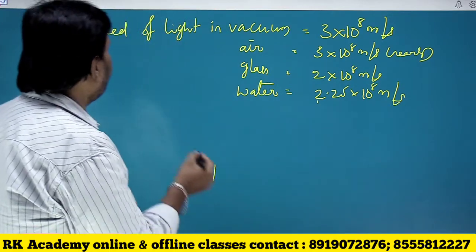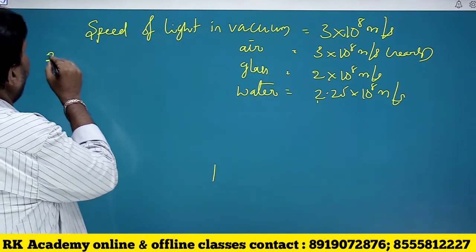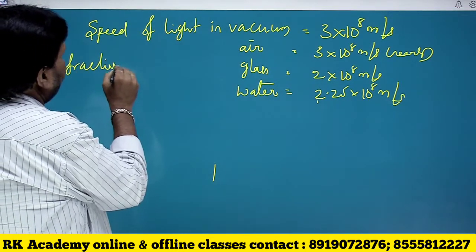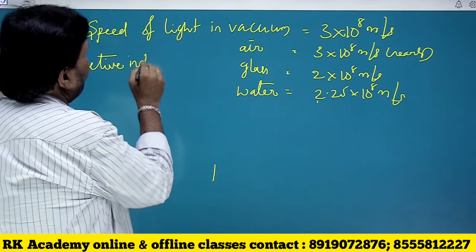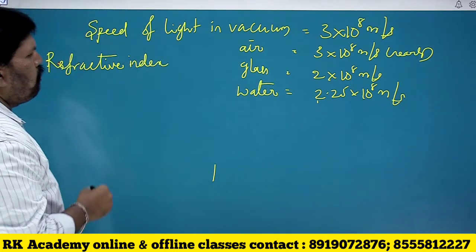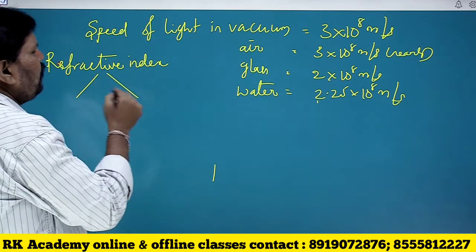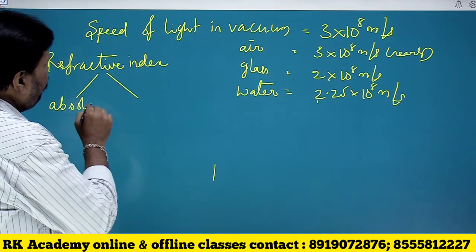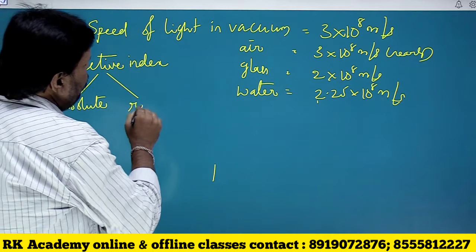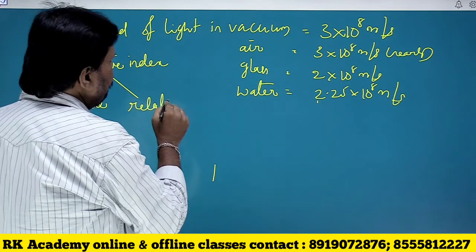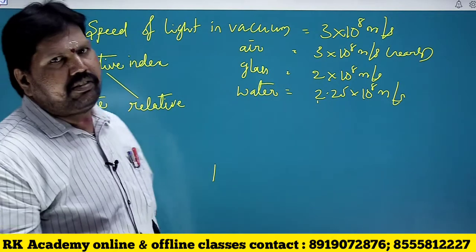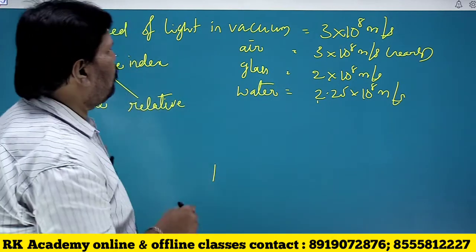That characteristic property we are calling refractive index. Generally, refractive indexes are of two types: absolute refractive index or relative refractive index.